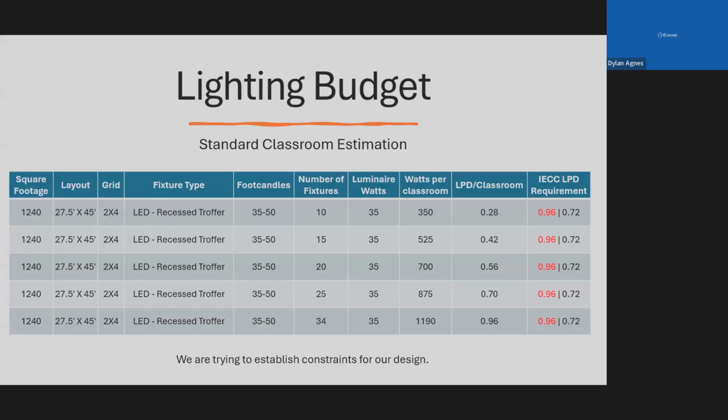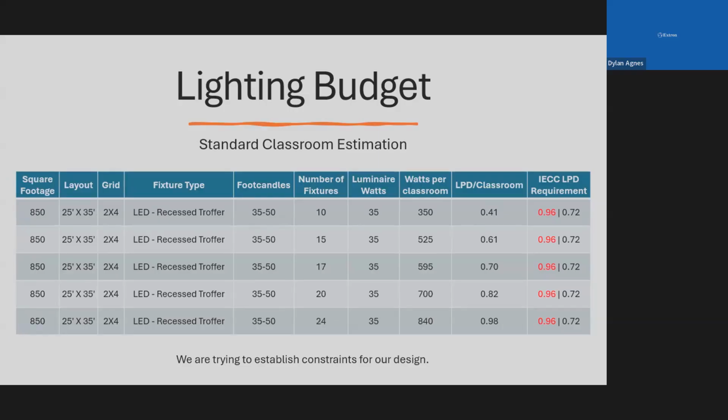Say we were very conservative and have 10 fixtures, then we have a 0.28 LPD and we're coming in significantly under. Because this is the space-by-space method, that's a lot of wattage that we can now trade to, say, our gymnasium, our theater, our library, our computer room, etc. And so with 2024 being 0.72, the new maximum I can put in is 25 fixtures at 35 watts, okay?